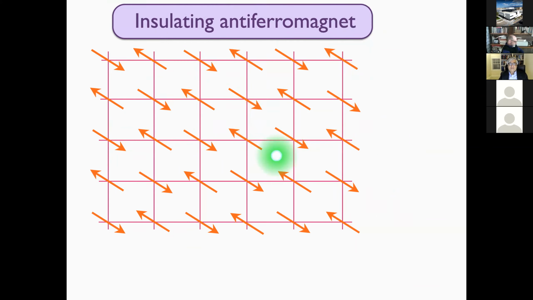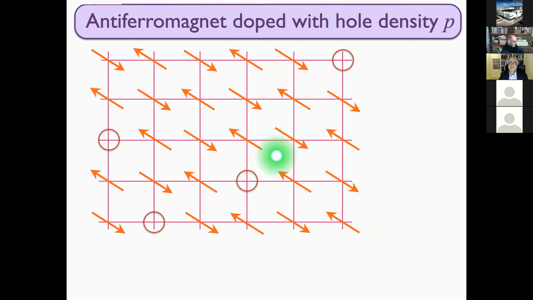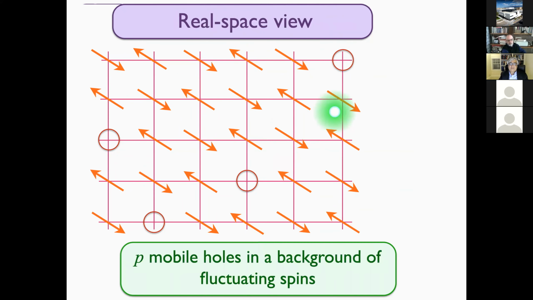But it turns out that you can change the density of electrons, so you remove a few electrons, and then you get what we call a doped antiferromagnet with empty sites of density p. And now these can move around, and the amplitude for any one of these holes to move is called t.